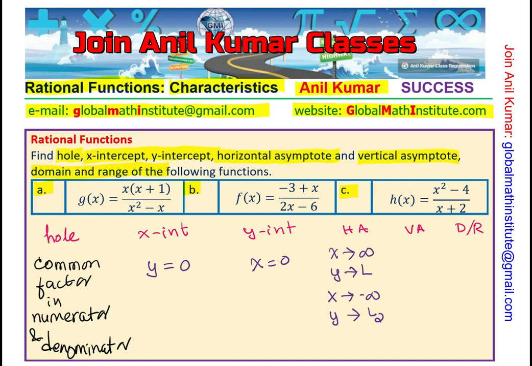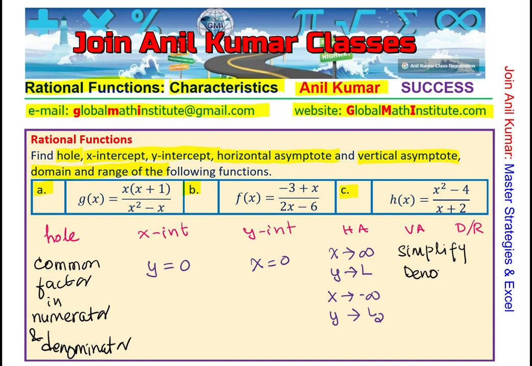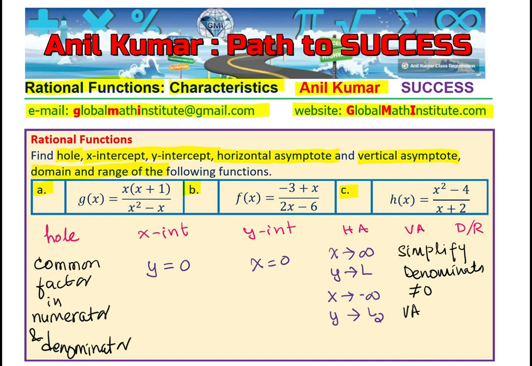Now, when we talk about vertical asymptote, then what we do is we first simplify, right? So after simplifying, the denominator is not equal to 0, right? That gives us vertical asymptotes, correct? Domain and range. So we'll see domain and range, sketch the graph, and then it'll be absolutely clear.